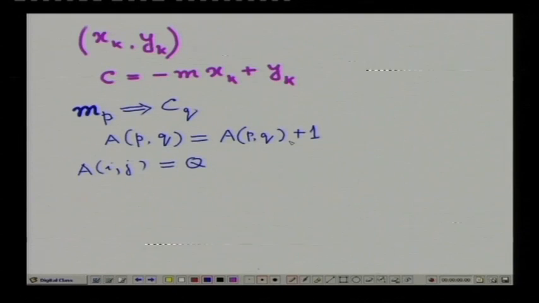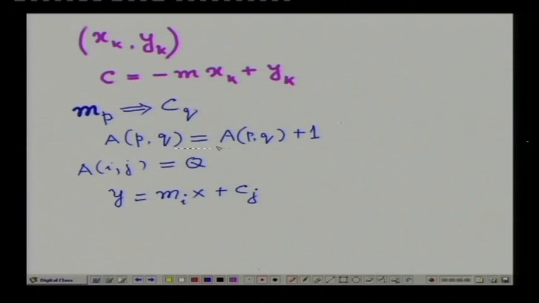So, at the end, if an accumulator cell A_ij contains a value of capital Q, this indicates that there are Q points lying on a straight line whose equation is given by y equal to m_i x plus c_j, because this accumulator cell ij corresponds to the slope value of m_i and the intercept value of c_j.